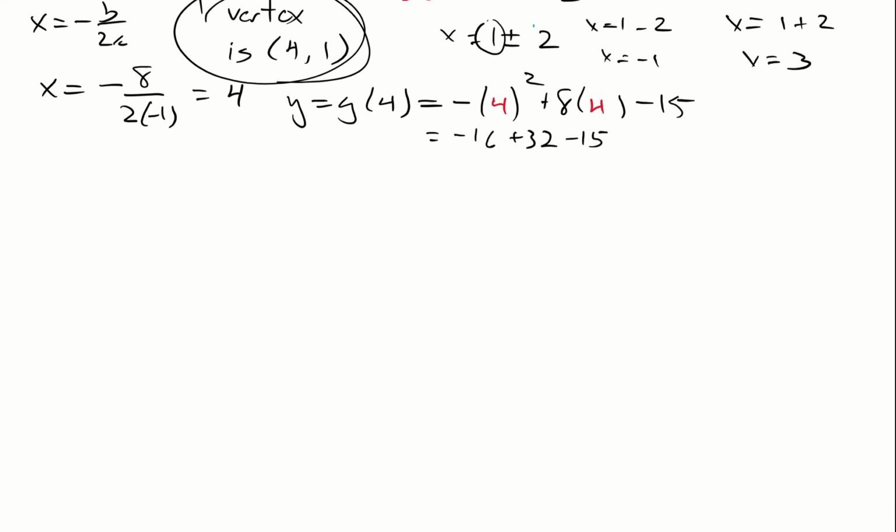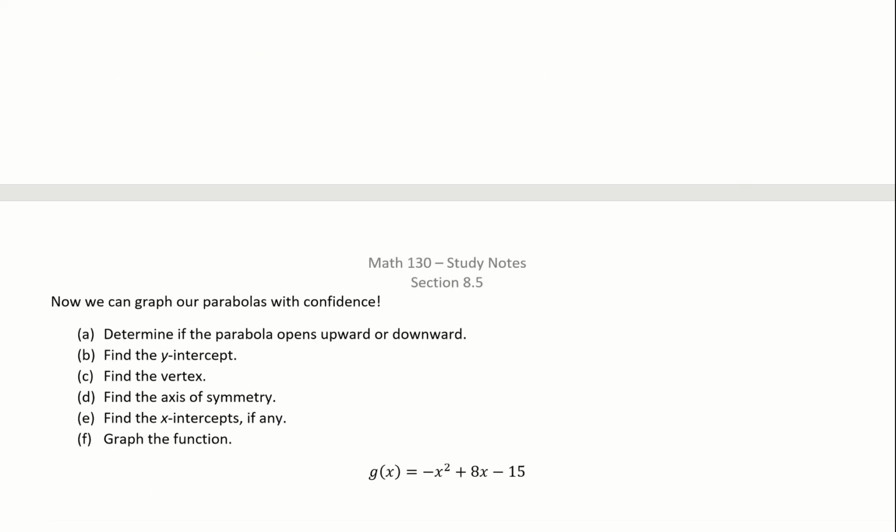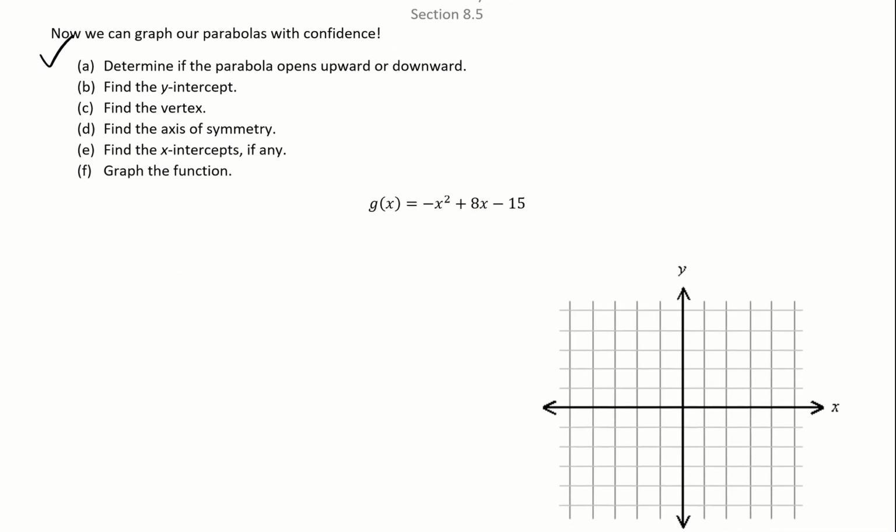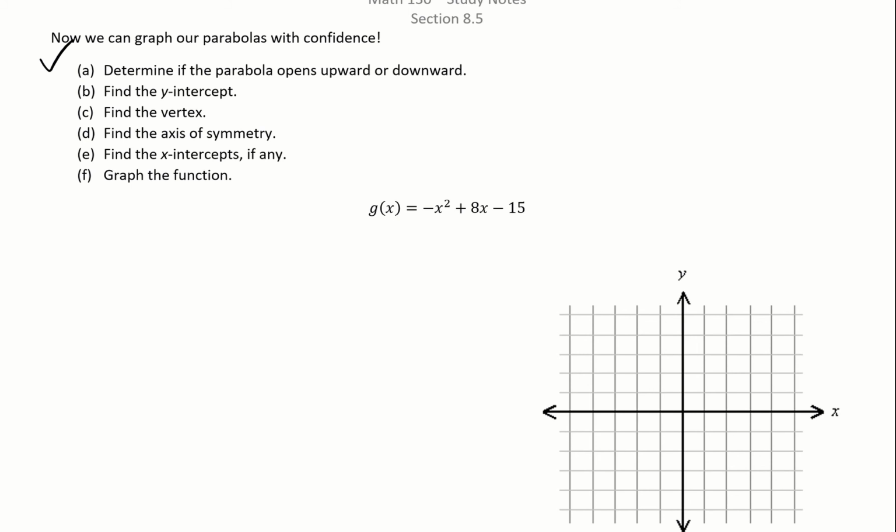So, down here is a problem that does the homework. This is homework stuff. It says, we can now graph parabolas with confidence. That's me talking to you guys. The homework asks you for all kinds of information about the function. And we're going to do this one example. In fact, it's the one we just did. But let's go in order.